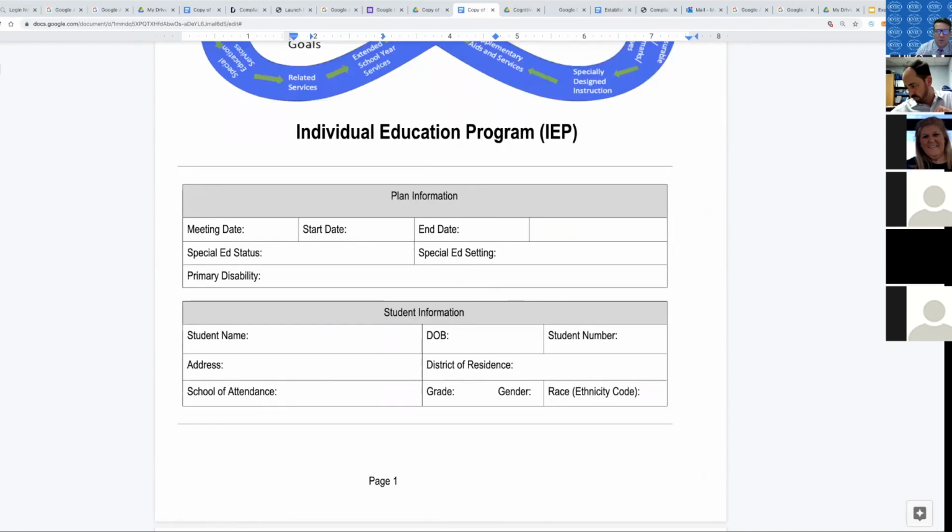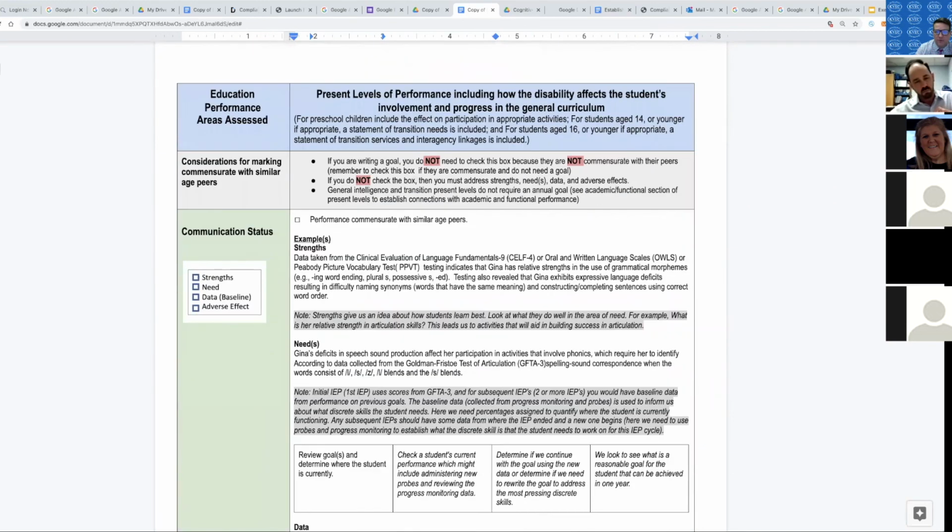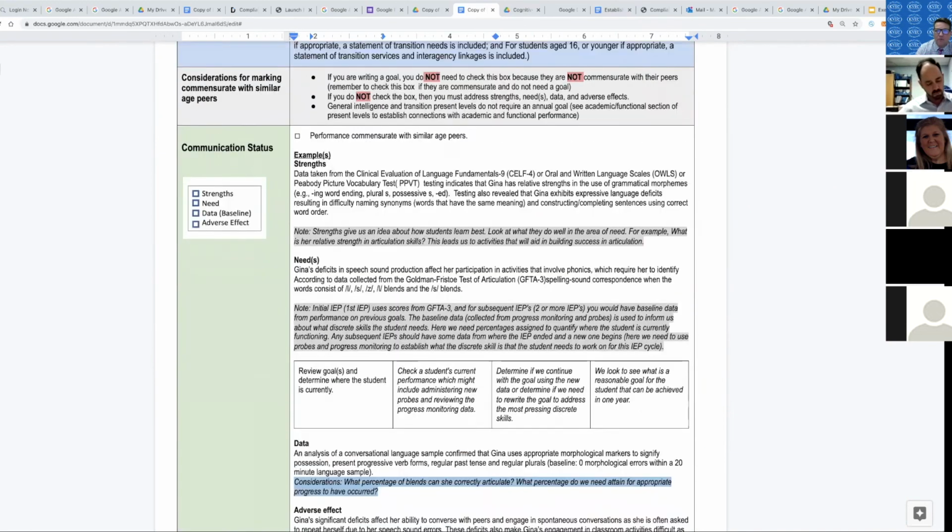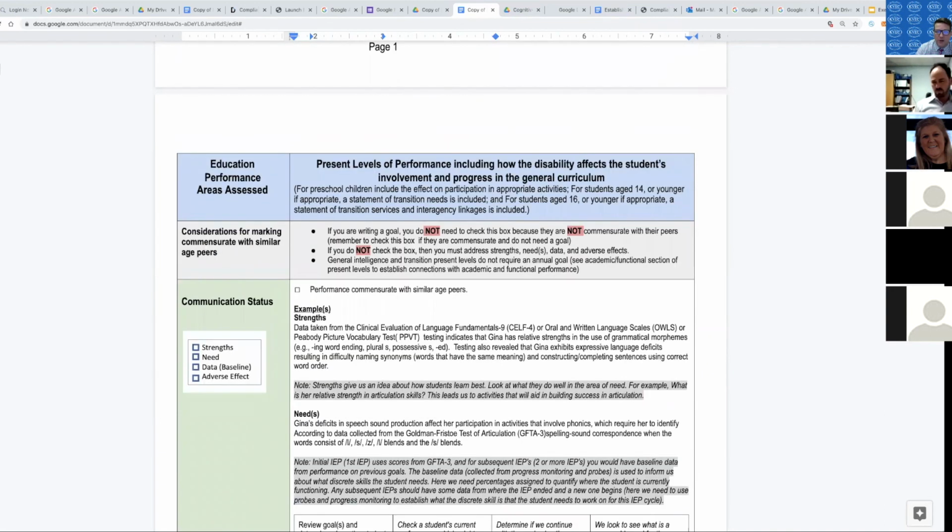It is a working document. It's one that we're going to review often, and we're going to inform this with our impressions from CAPS. And so that is the training in a nutshell.